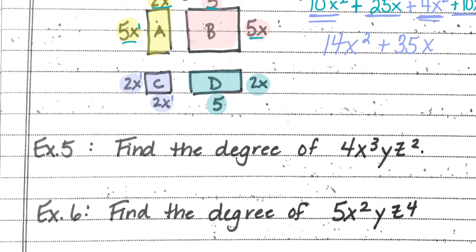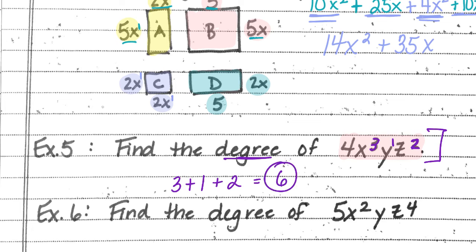All right, the next thing we're going to discuss is the degree. If I look at example 5, notice I have a monomial. There's just one, no adding or subtracting in between. But I also know that this has a degree of 3. The y has a degree of 1. The z has a degree of 2. To find the degree of everything, I'm going to add those. 3, 1, and 2.